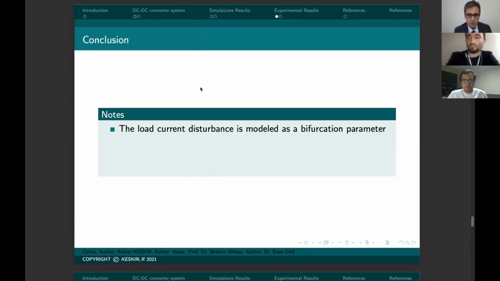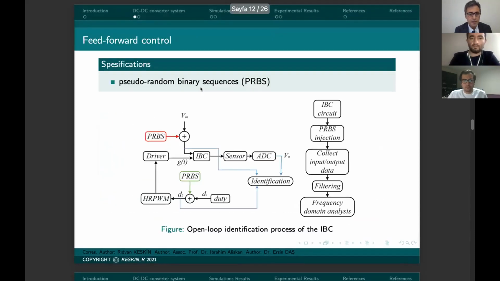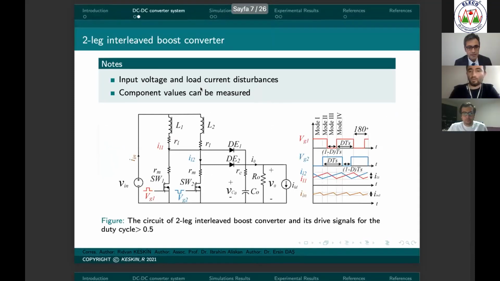Please show me figure 1, the first figure that shows the interleaved boost converter. Okay. It seems you have done a very deep mathematical analysis for obtaining the equations, and it is a very nice paper. But here I have a question.